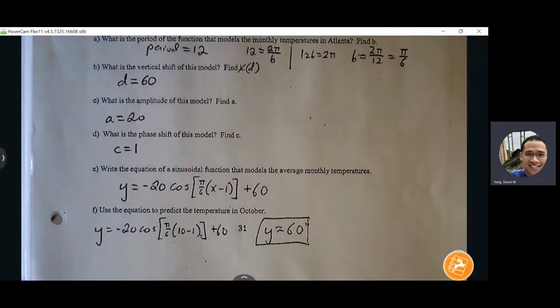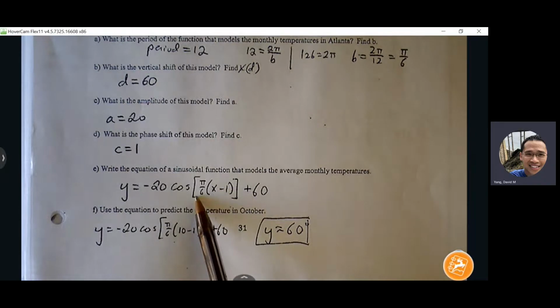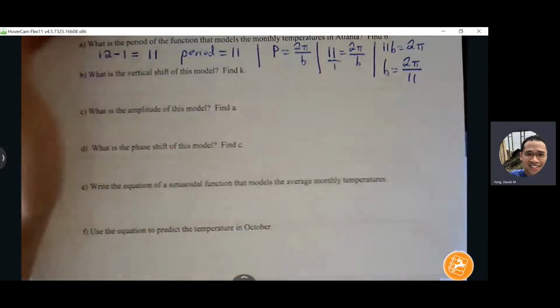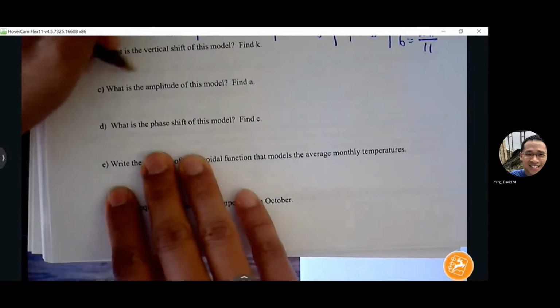Okay, and then for part F, so for E, we can fill in. Our A is negative 20. Sorry, I adjusted it, right? So 2 pi over 11 is our B value. Let me fill this in.